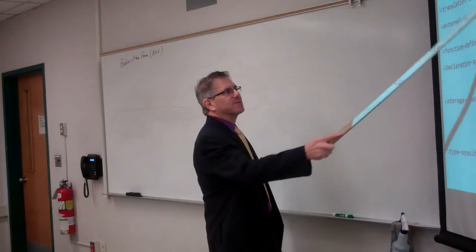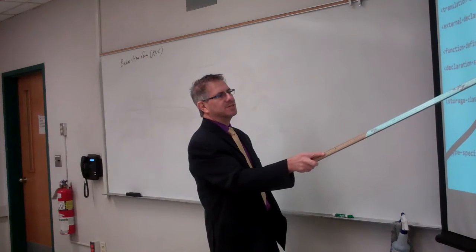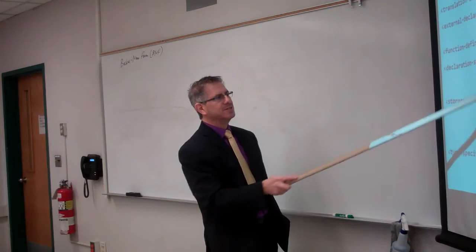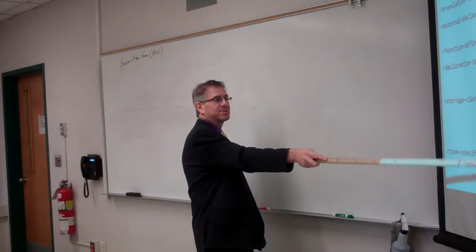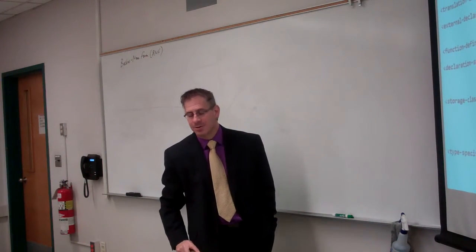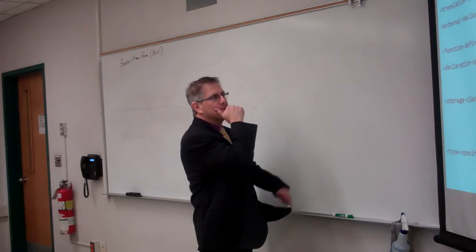And the things you put over here, you can put ors between them to say it could be this, or this, or this. And these can be either more things that are defined elsewhere, or they can be terminal symbols like register, static, etc.